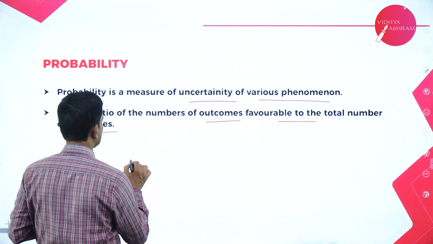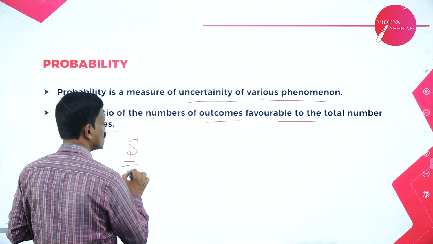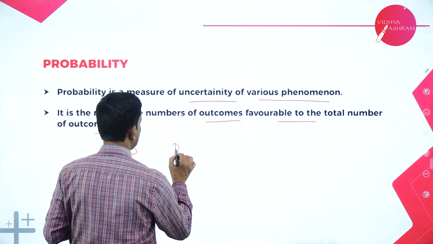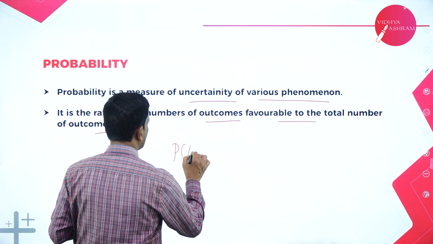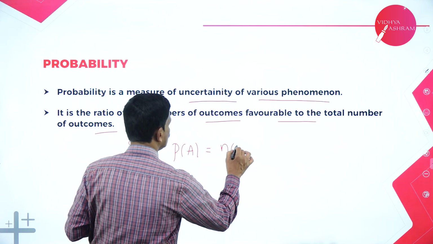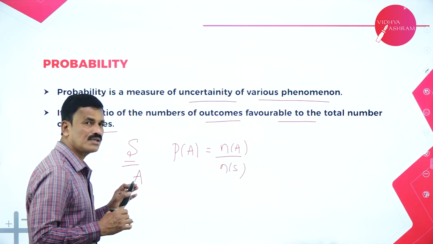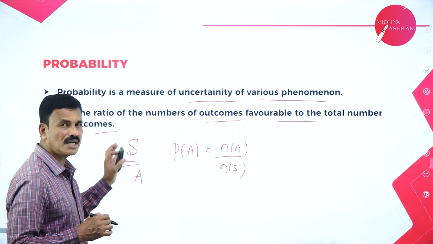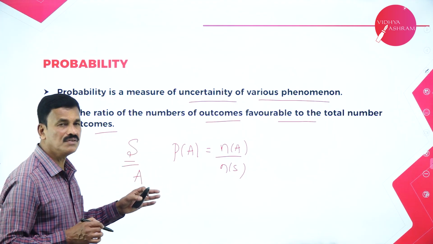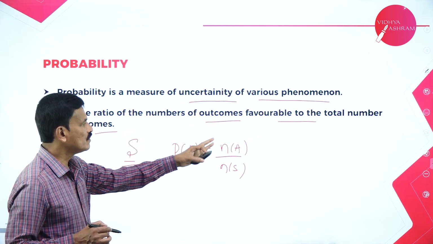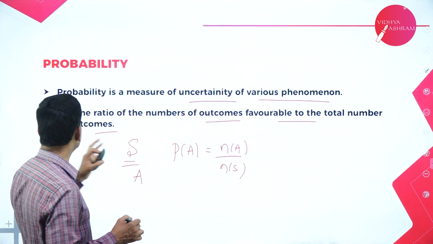Suppose S is the sample space and A is any event, then the probability of A is denoted as P(A) = n(A) / n(S). Here n(A) is the number of favorable outcomes and n(S) is the total number of outcomes.